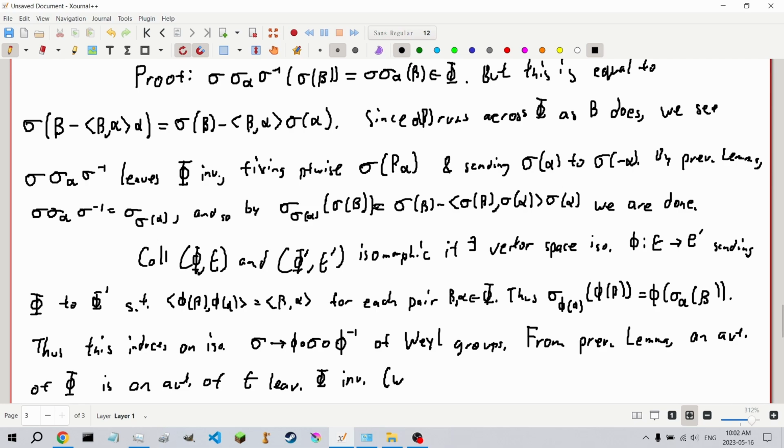And we note that we can regard the Weyl group as a subgroup of the automorphism group of the root system.